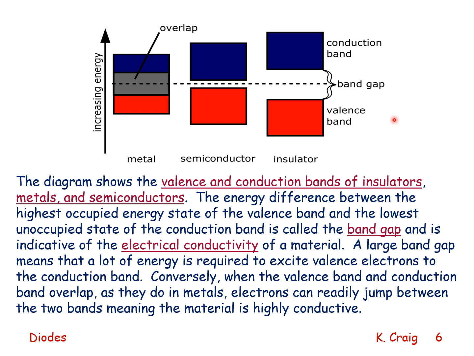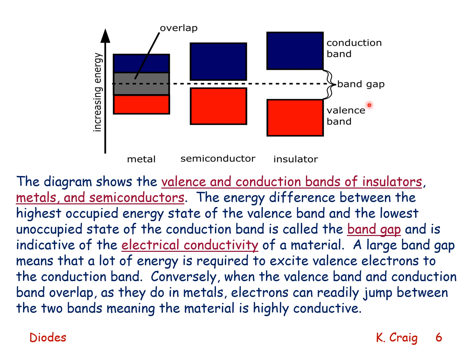The diagram shows the valence and conduction bands of insulators, metals, and semiconductors. The valence band is the outermost band electrons occupy in a particular atom. The energy difference between the highest occupied energy state of the valence band and the lowest unoccupied state of the conduction band is called the band gap, and is indicative of the electrical conductivity of a material.